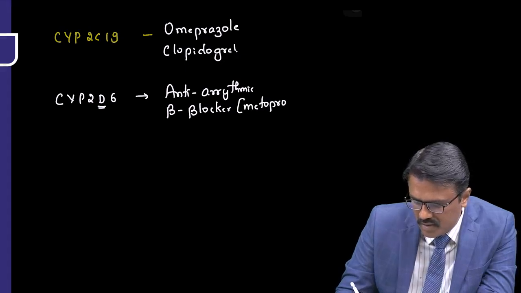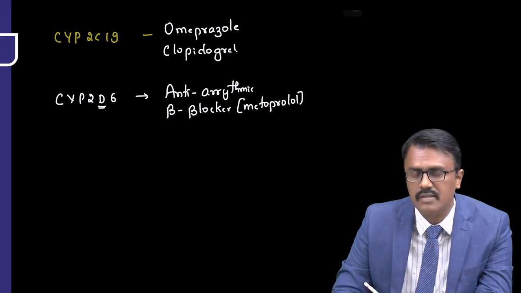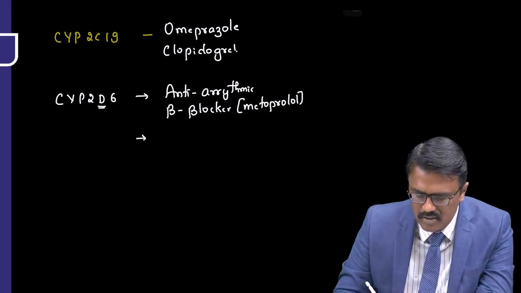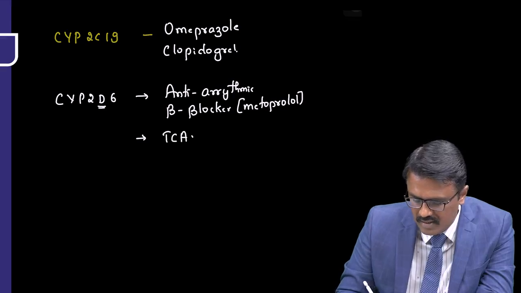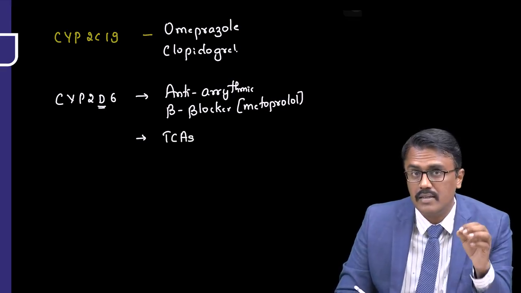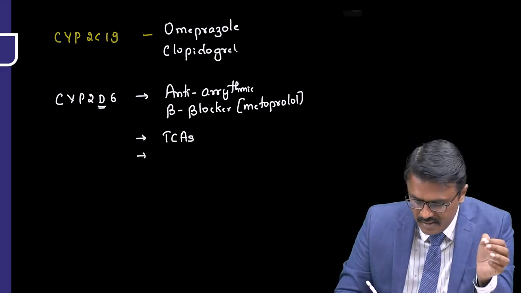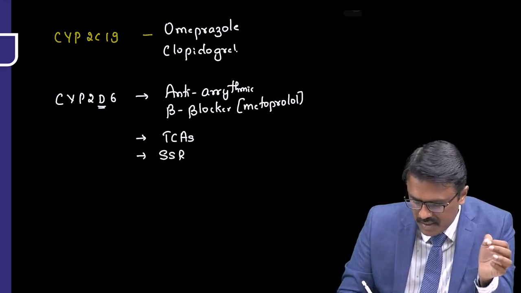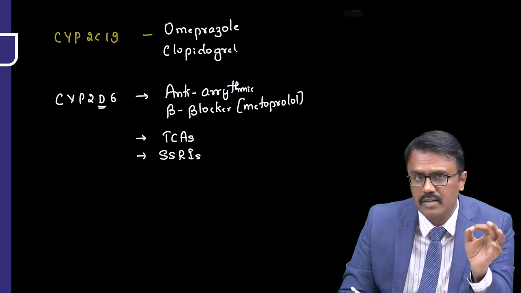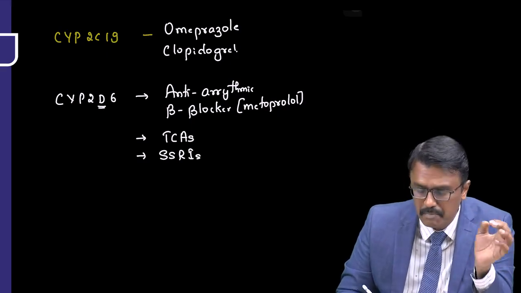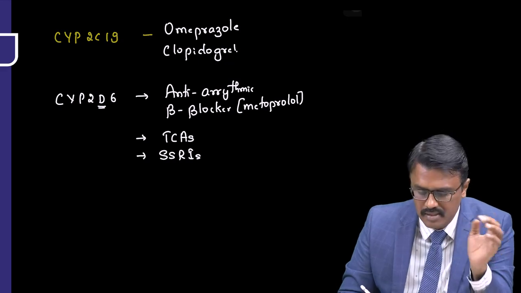So these are the drugs used in dil, that is CVS. What about the drugs used in CNS? They are TCAs, tricyclic antidepressants, then SSRIs, selective serotonin reuptake inhibitors. These are mainly metabolized by these enzymes.